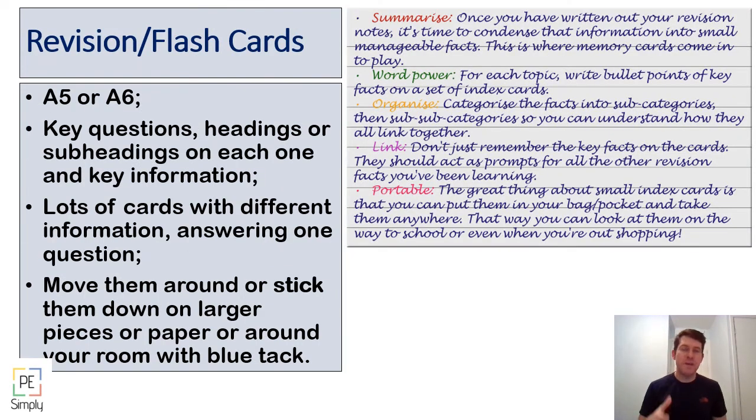Another key method and a really popular technique is the revision card or flashcard. So using an A5 or A6 piece of card where you might write some of the key content on one side, exam questions perhaps, and answers on the flip side as well.